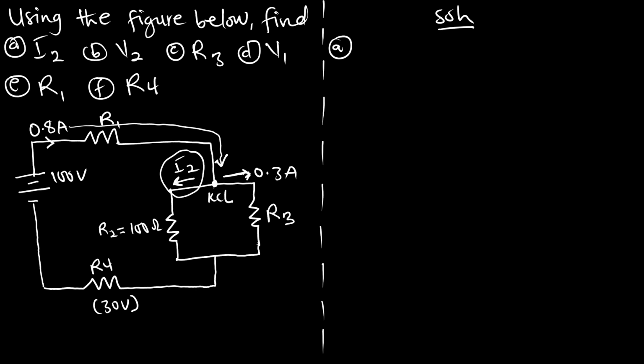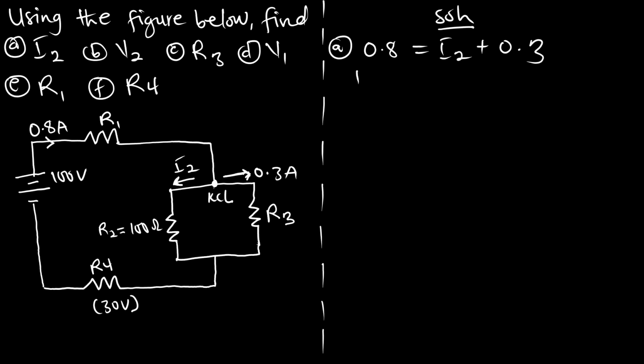So based on the KCL, our expression is current entering, 0.8 amperes, equal to current leaving, I2 plus 0.3. And from here, I2 is 0.8 minus 0.3, and that gives us 0.5 amperes for I2. This is solved using KCL.